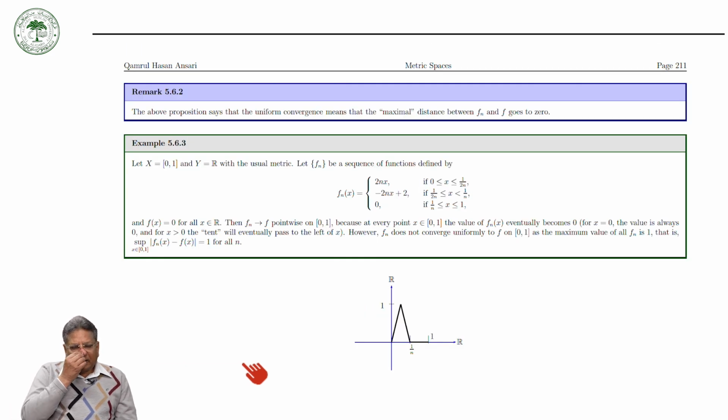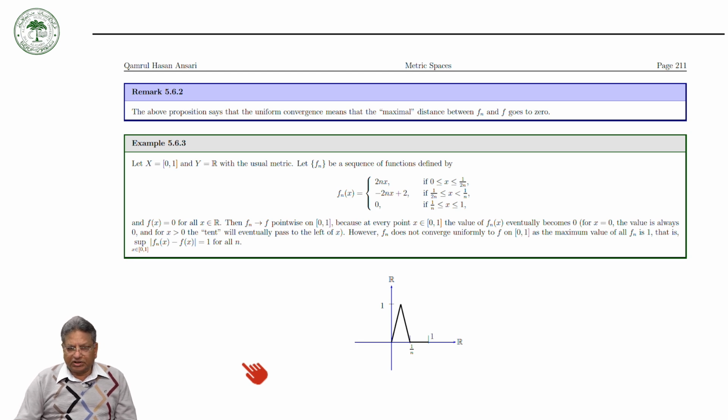Now, we have a remark. We say that the above proposition says that uniform convergence means that the maximal distance between Fn and F goes to 0.